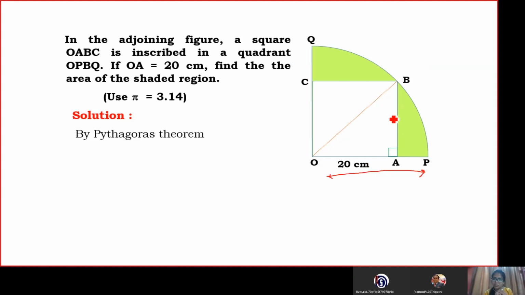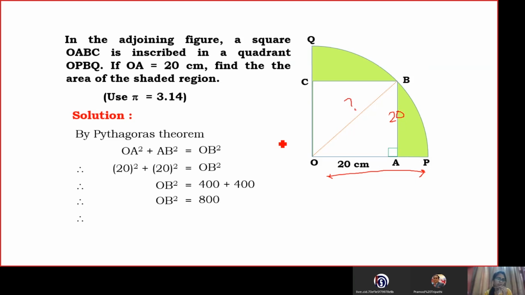And we know that it's a right angle triangle. So can we use Pythagoras theorem to find out the length of OB? Yes. So the length of OB will be calculated using Pythagoras theorem, and we get it as 20√2 centimeters. Whatever is the length of OB, the same is the length of the radius, that is OP, right?